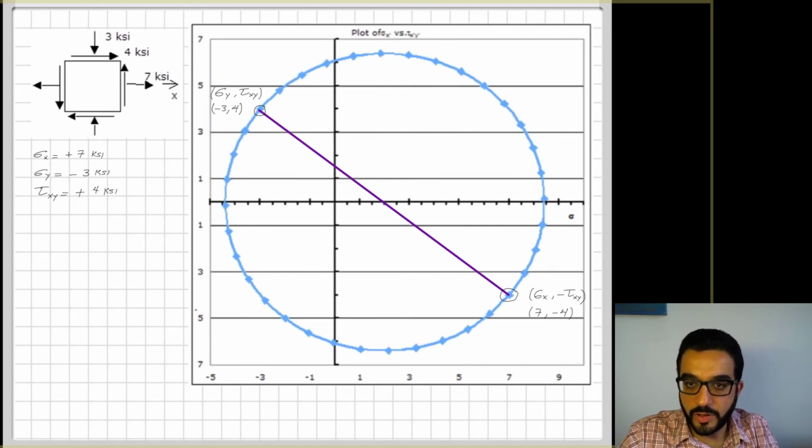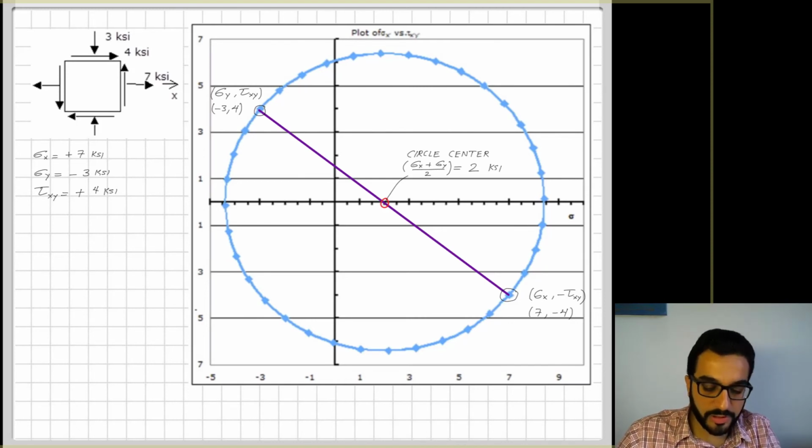So every stress block at an orientation is a diameter at an angle of this circle. Now the center of the circle is where this diameter intersects with the sigma axis, and here it's the average of sigma x and sigma y.